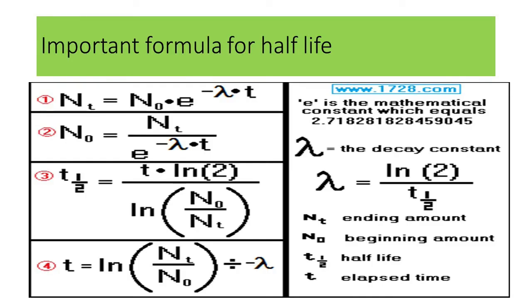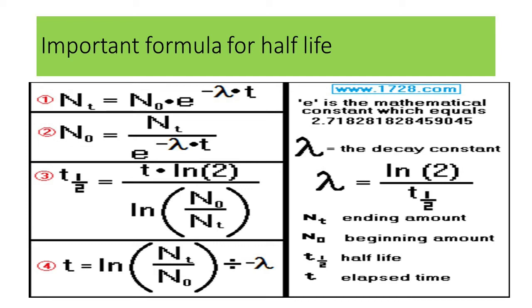So here's the important formula for half-life. N_t is the ending amount, N_0 is the initial amount, lambda is the decay constant. You can get the decay constant by ln of 2 divided by the half-life. And the t is the elapsed time.